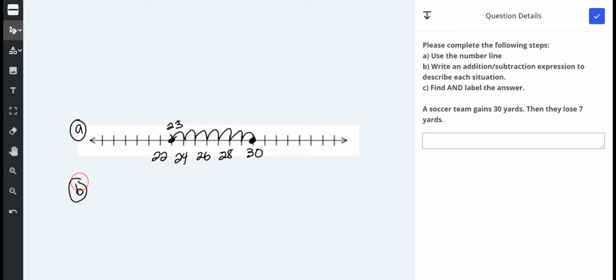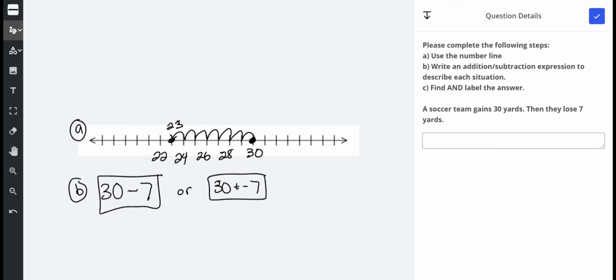Then for letter B, it wants an addition or subtraction expression. So that means they gain 30 yards, that's positive 30, and they lose 7 yards. So 30 minus 7. Or you could have had it as 30 plus negative 7. You did the additive inverse. So either of those are appropriate ways of answering letter B. Then letter C says find and label the answer.